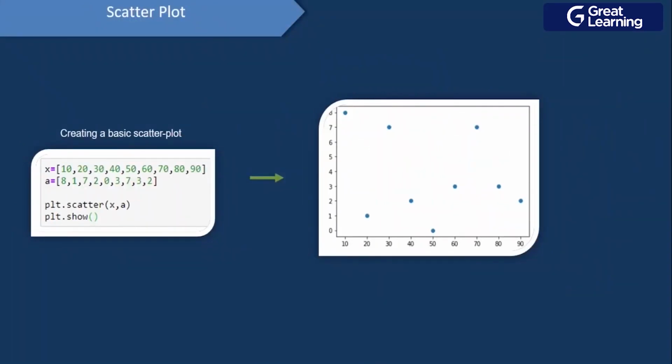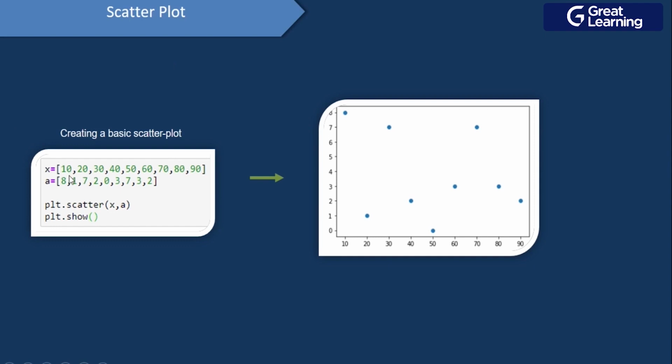Now that we are done with the bar plot, we will head on to the next geometry, which will be a scatter plot. A scatter plot again is used to understand the distribution between two numerical entities, and these entities are represented in the form of data points. So we'll be creating two lists over here. The first list will be storing X, which comprises the elements starting from 10 going on till 90.